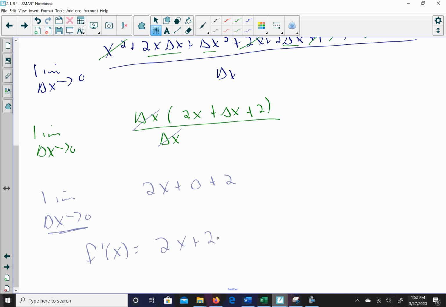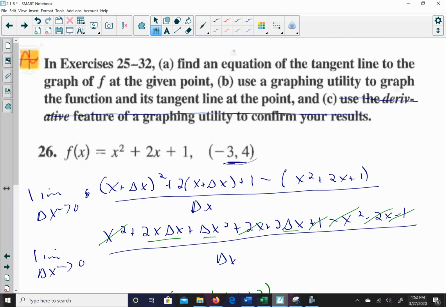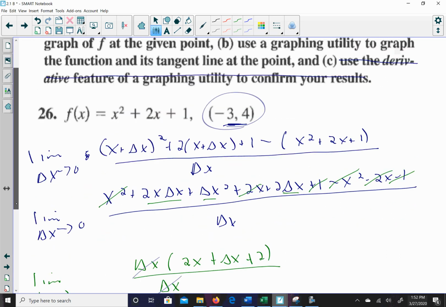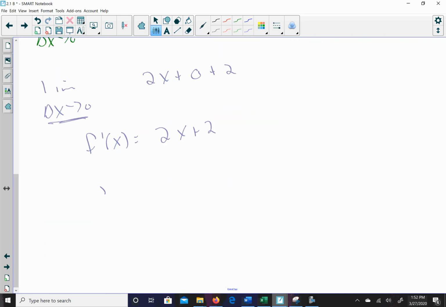So that's the first part, finding the equation of the derivative, or the slope of the tangent line. They want it at the point negative 3, 4. So now I want to find the derivative at negative 3. So this will be 2 times negative 3 plus 2. So that's negative 6 plus 2. Ooh, the parentheses there, plus 2 is there.